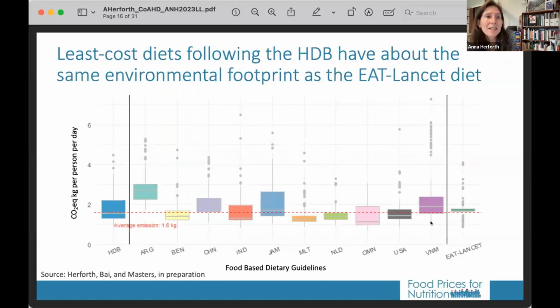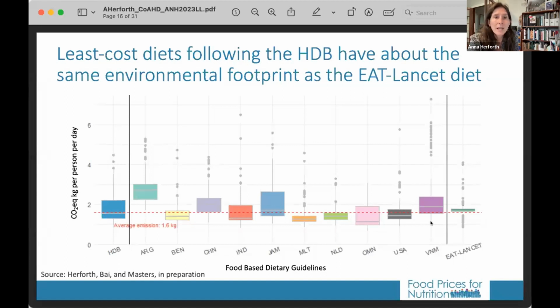Another interesting finding is that when we look at the environmental footprints of least cost diets, we can see that there is some variation across different dietary guidelines. It tends to revolve around the amount of animal source foods that are recommended and whether plant source foods can substitute for those based on the specifications of the particular guideline.